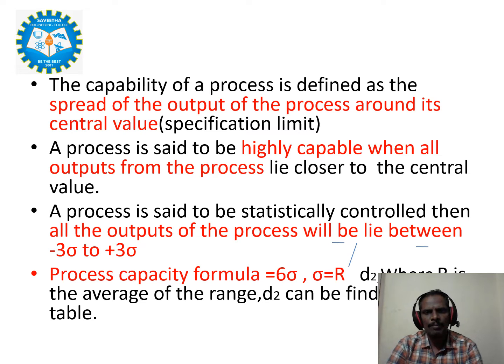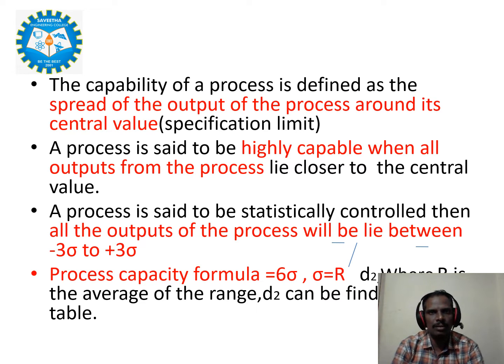Process capability is also defined as the spread of the output of the process around its center value. We have already discussed that in the normal chart there will be three lines: one is the center line, one is the upper limit, and another is the lower limit.